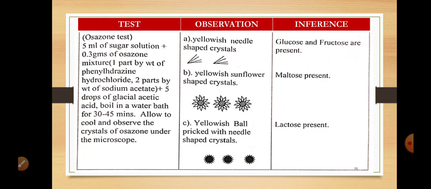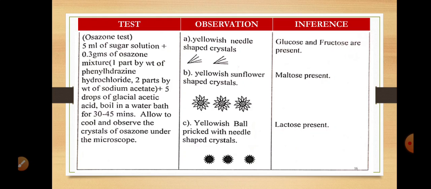Then the next observation you may see is yellowish sunflower shaped crystals. When you observe under the microscope, if the osazone crystals look like yellowish sunflower shaped crystals, it indicates the presence of maltose, which is a disaccharide.